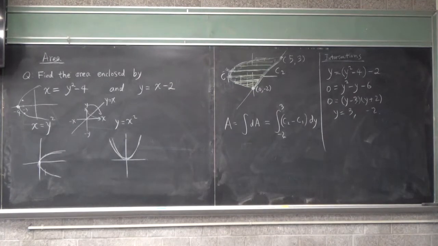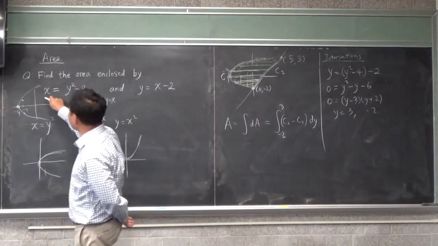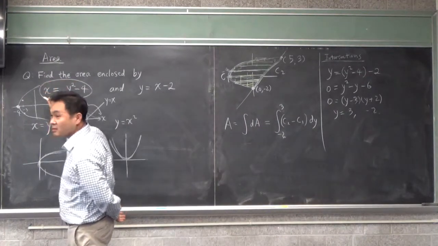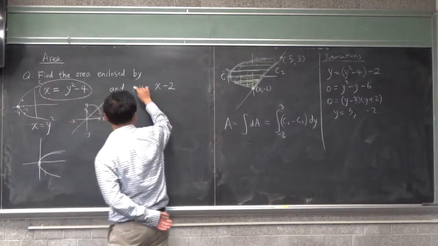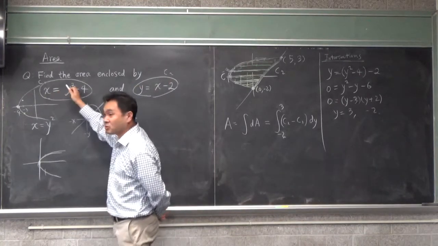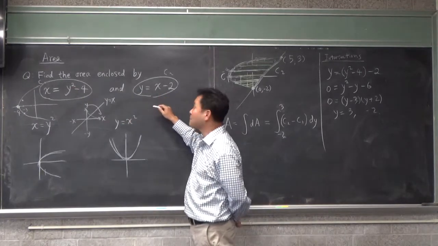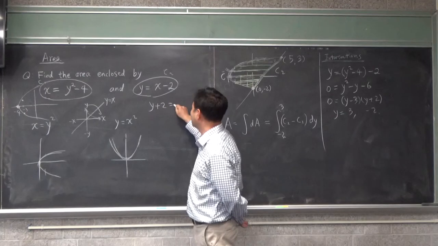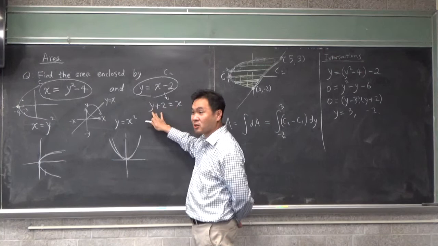Now, the next thing to do is we need the curves C2 and C1 to be described as functions of y. In this case, it's okay. C1 is already described as a function of y, x equals a function of y. But this is not. What should we do? Add 2 to both sides. If I take this and add 2 to both sides, then I have x as a function of y.